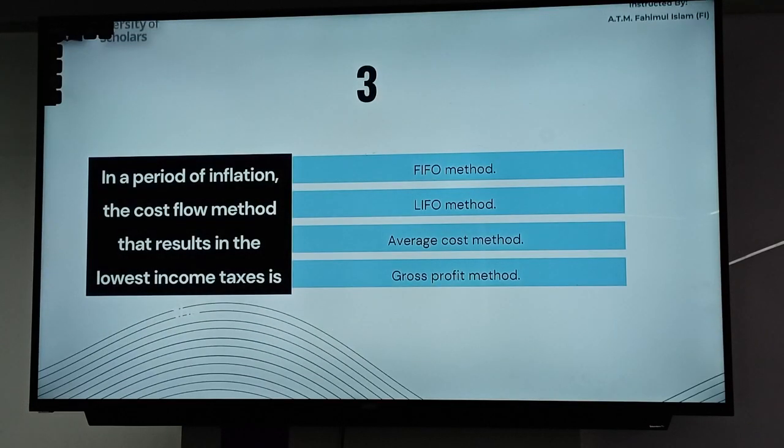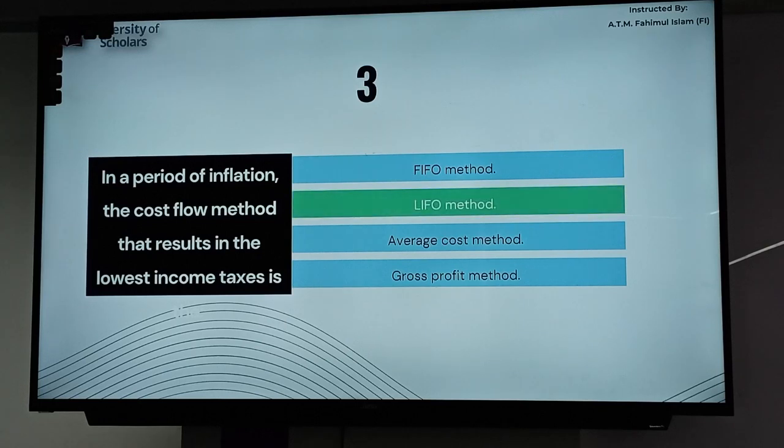Let's move on to our third question: in a period of inflation, the cost flow method that results in the lowest income taxes is what? At a time of inflation, the purchasing power of people decreases, so what should we do?